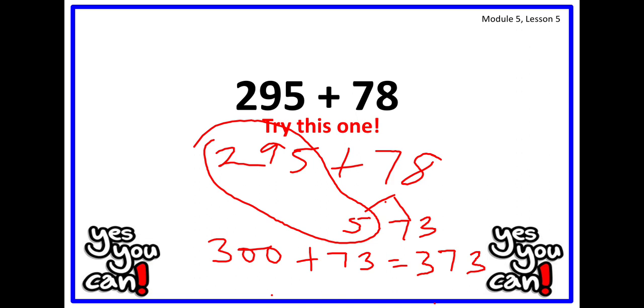But to get our aim, which is a multiple of 100, we have to break 78 into 5 and 73. So when we add the 5 to the 295, we now have 300. So we now have 300 plus 73 to give us 373.